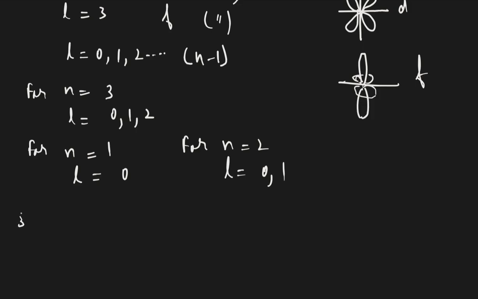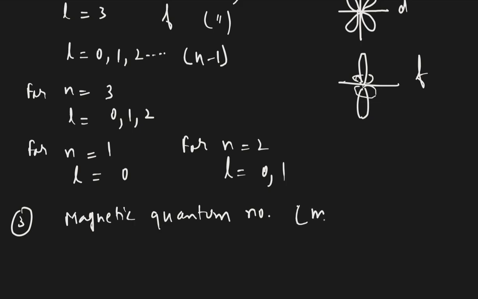The third quantum number that we are going to talk about here is the magnetic quantum number, which is represented as m subscript l, ml.